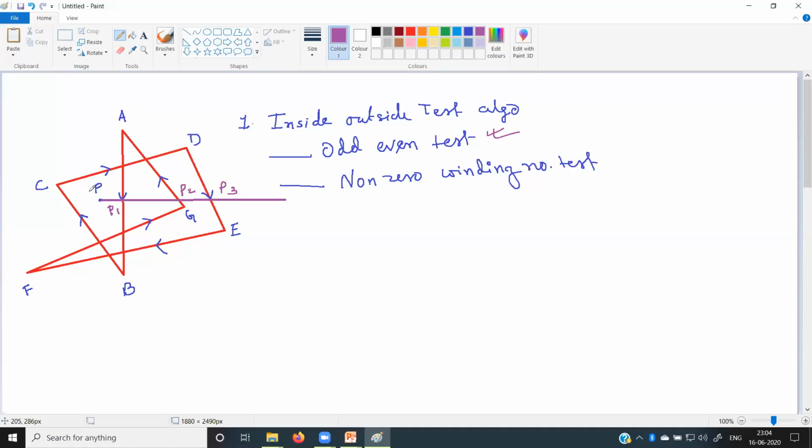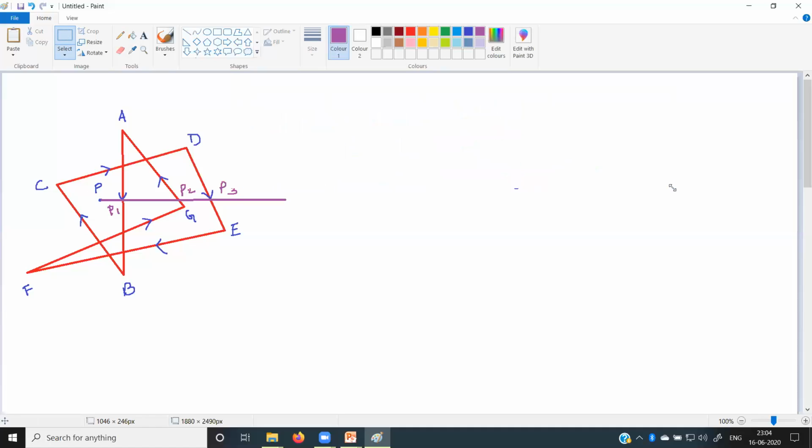And if it is inside, then color that point. Point means the pixel. Color those pixels with the desired color. Fine. So in this way, we can fill up the polygon with our desired color. This type of test is called the inside outside test.